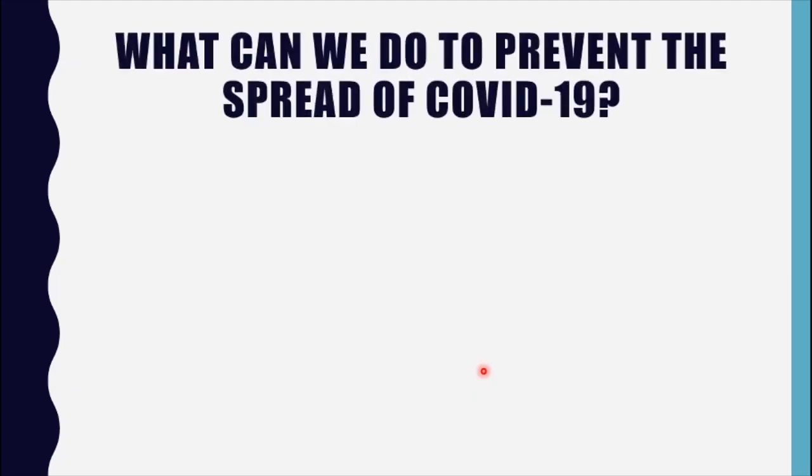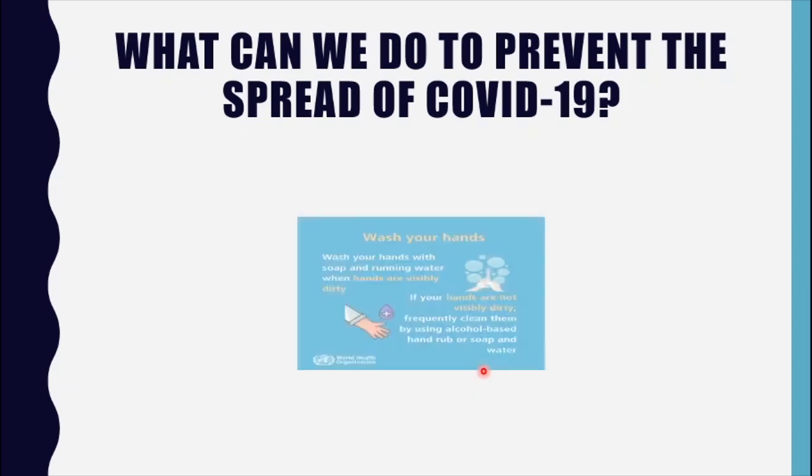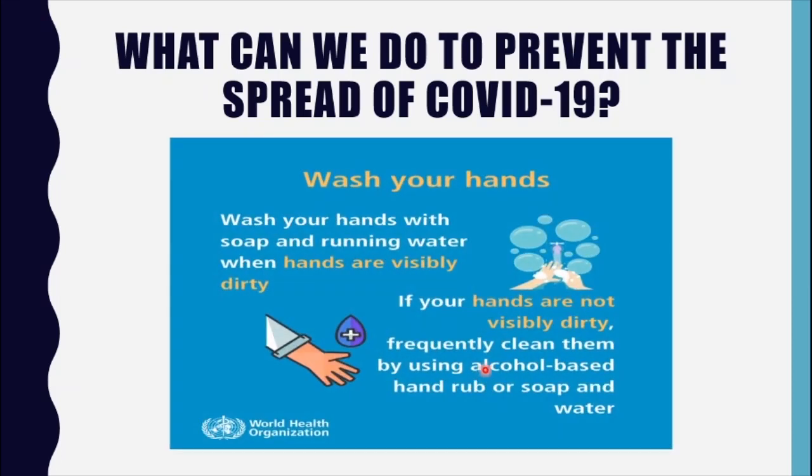So since there is no vaccine or specific treatment, what can we do to prevent the spread of COVID-19? The effective way is to frequently wash your hands with soap and running water when hands are visibly dirty. If your hands are not visibly dirty, frequently clean them using an alcohol-based hand rub or soap and water.